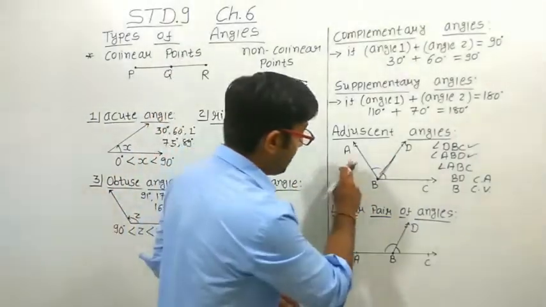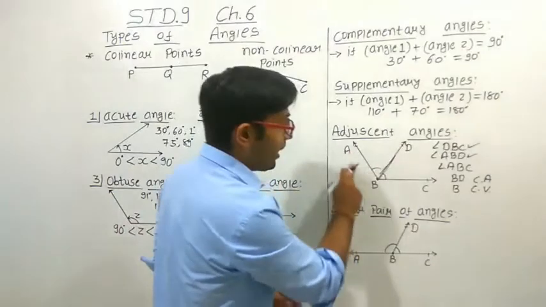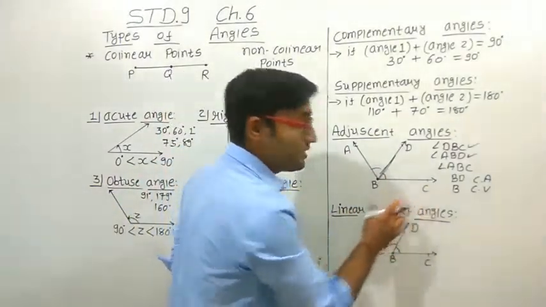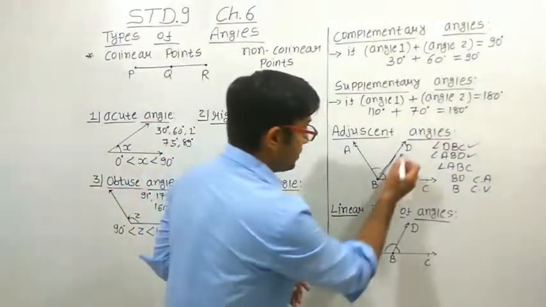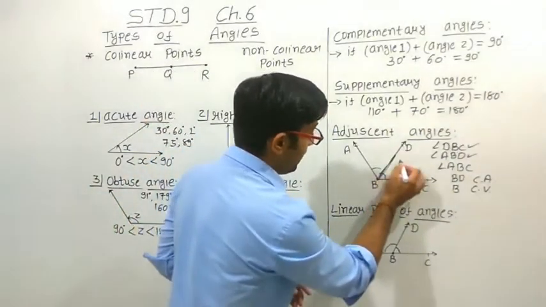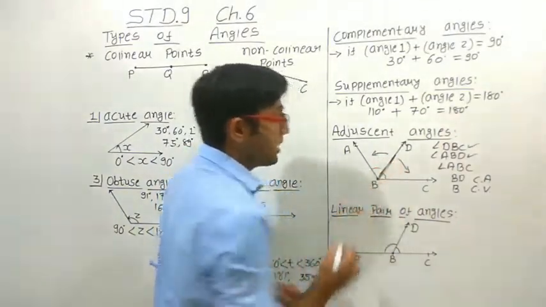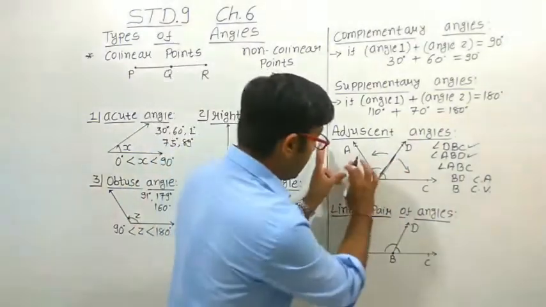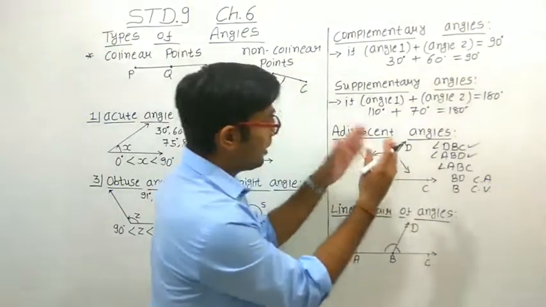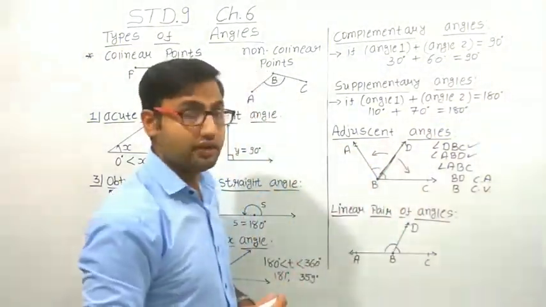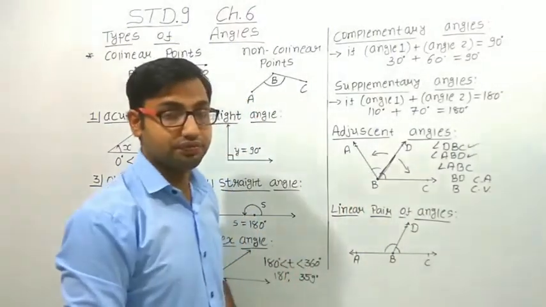See, for angle ABD, the AB arm remains, and for DBC, the BC arm remains. This is the common arm, BC is in this direction and AB is in this direction. So both the arms AB and BC are opposite to this common arm, right? So this is the third condition.